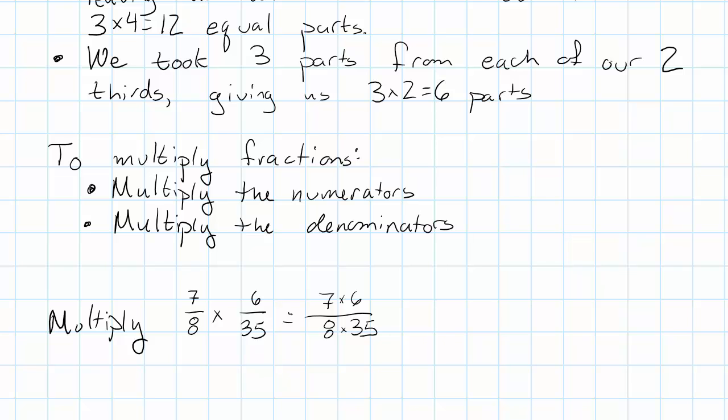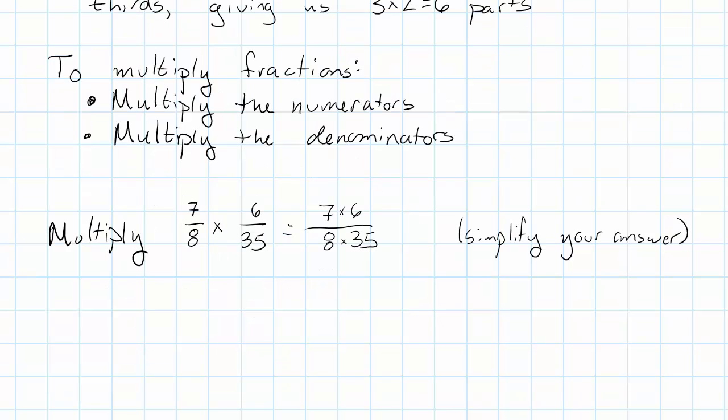If we don't want to simplify our answer, we can just do this multiplication. But if we do want to simplify our answer, we should notice that whatever our numerator is, it factors as 7 times 6. Whatever our denominator is, it factors as 8 times 35.